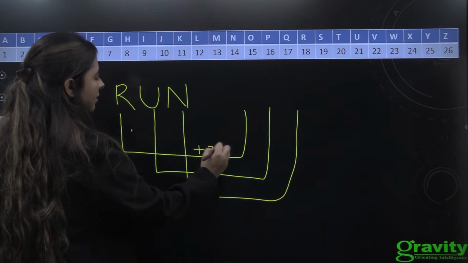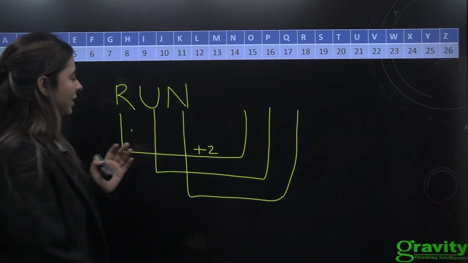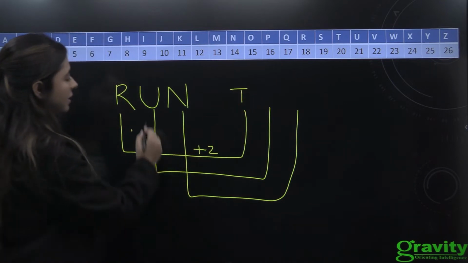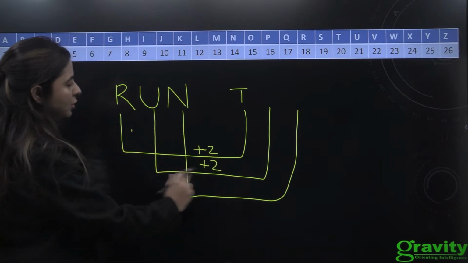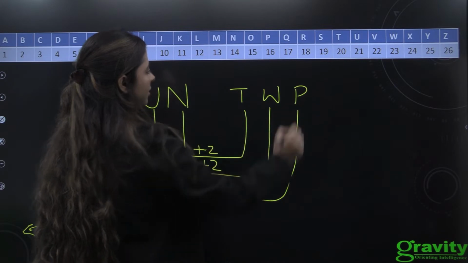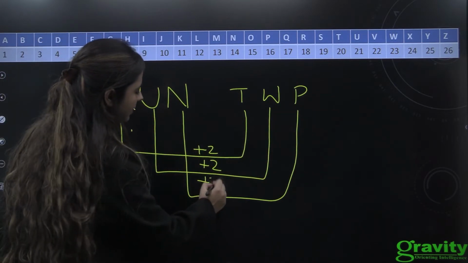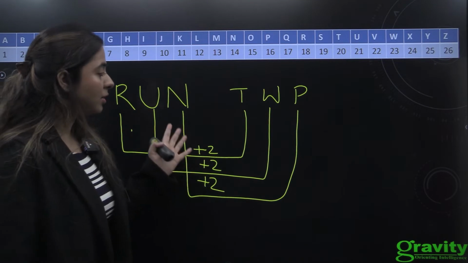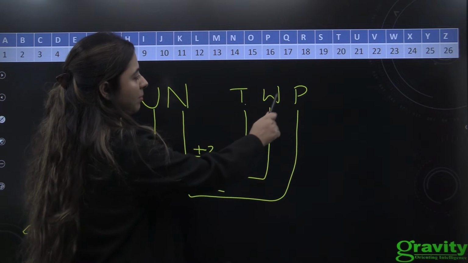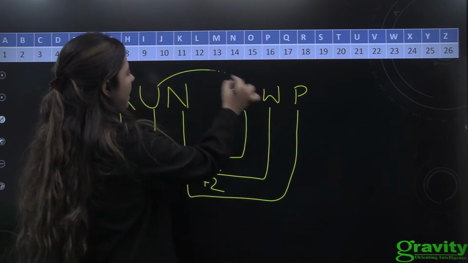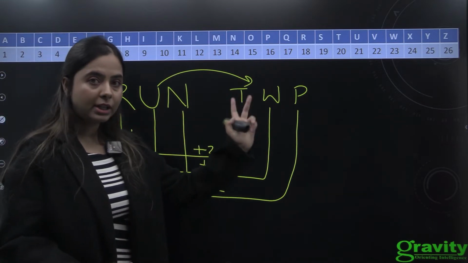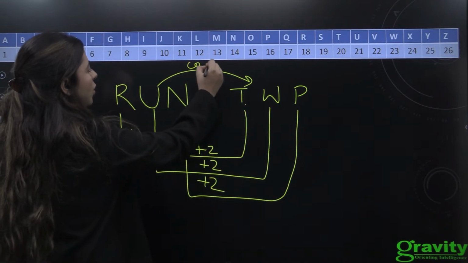Suppose this is R, S, T, U plus 2, U, V, W, N, O, P. Suppose I make use of this pattern. Now, instead of saying run to him out loud, I give him this code, TWP. This is called coding.